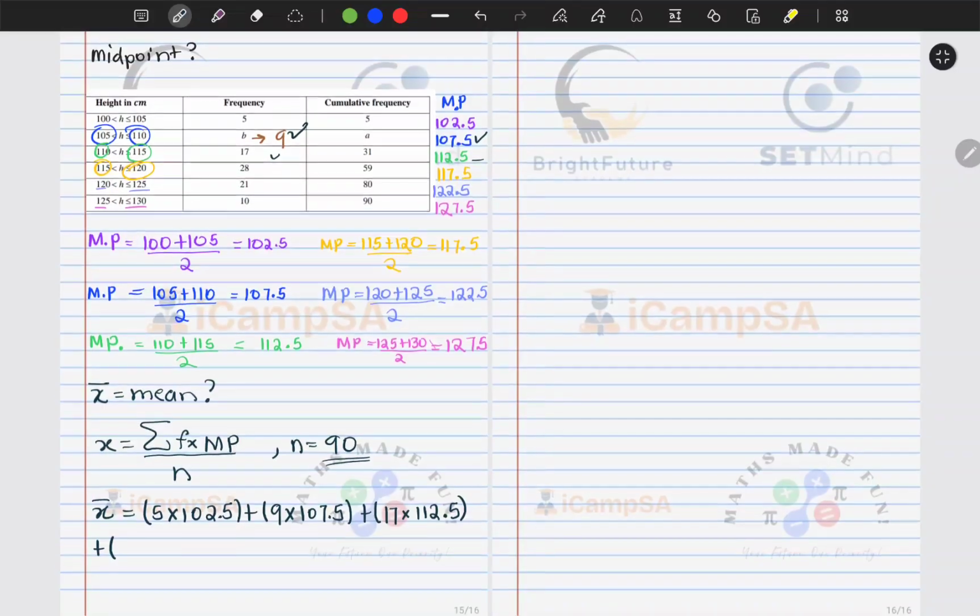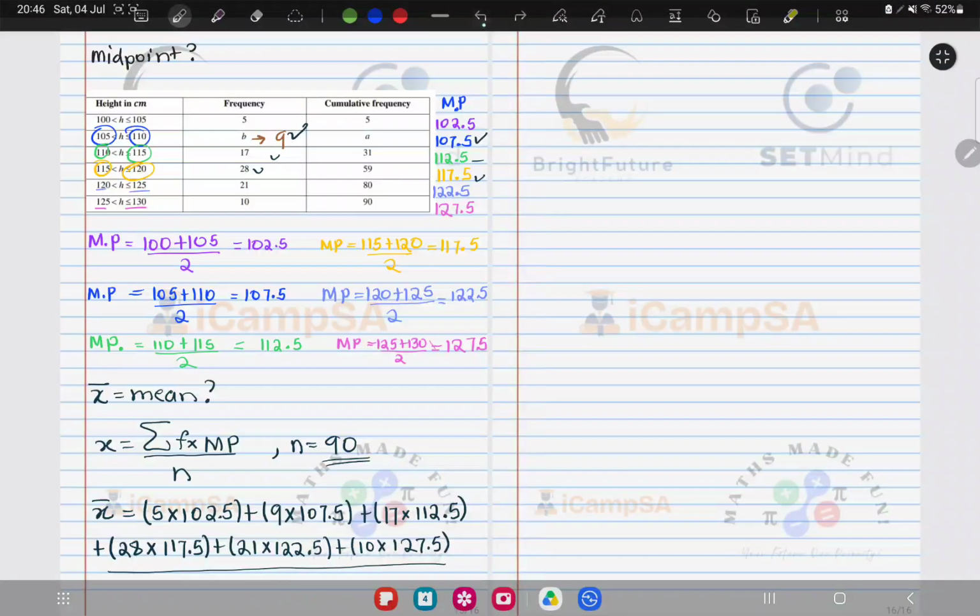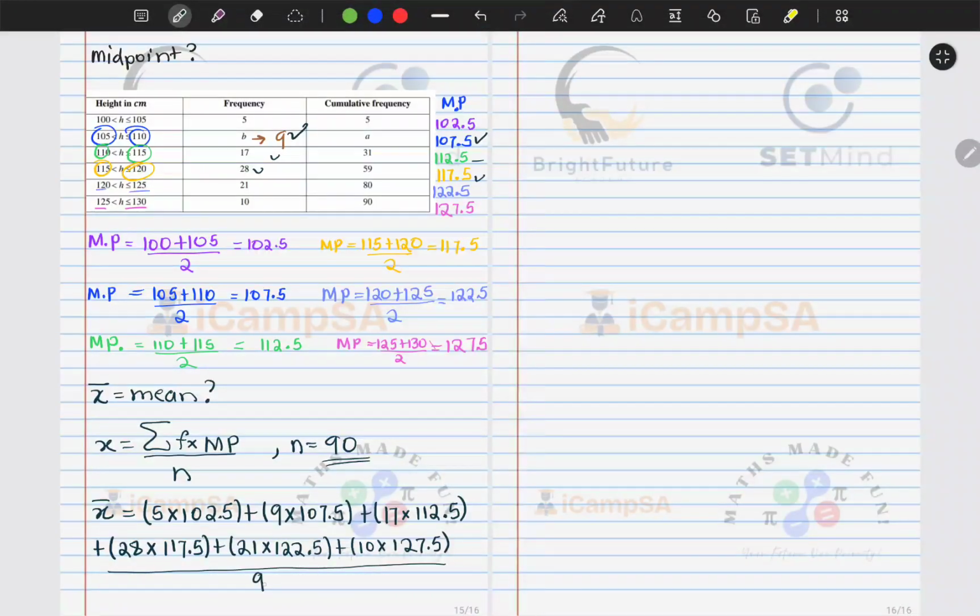And then plus 28, which multiplies 117.5, plus 21 times 122.5, and then plus 10 multiplied by 127.5. And remember, all of these will be divided by n, which we figured out to be 90.